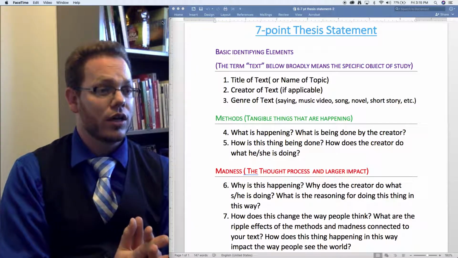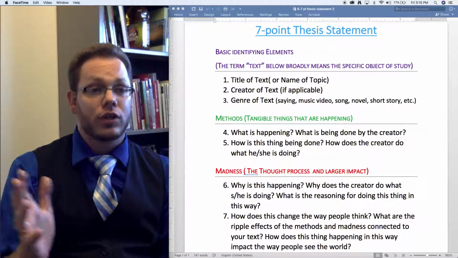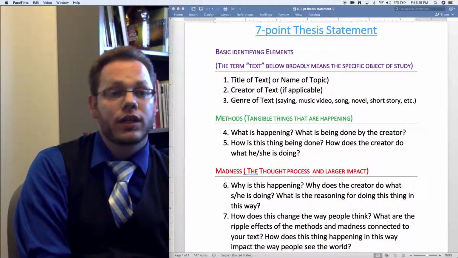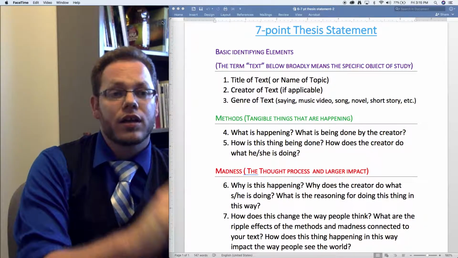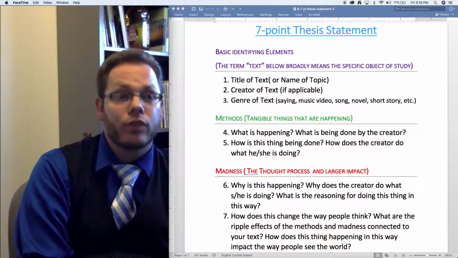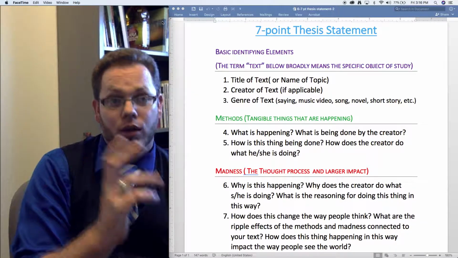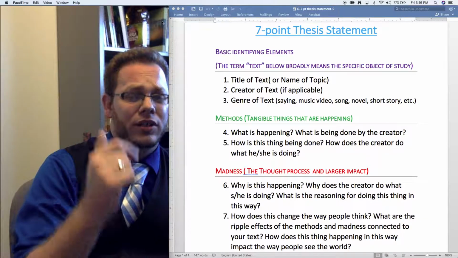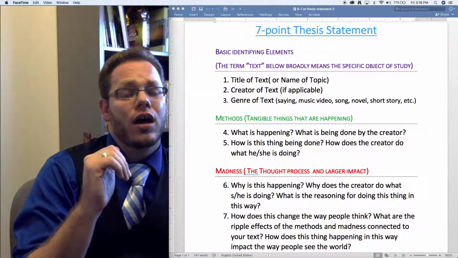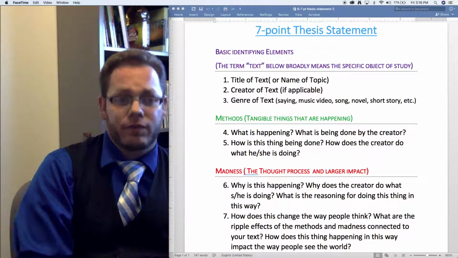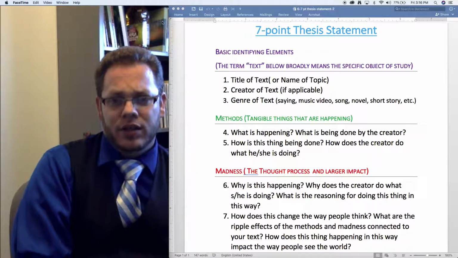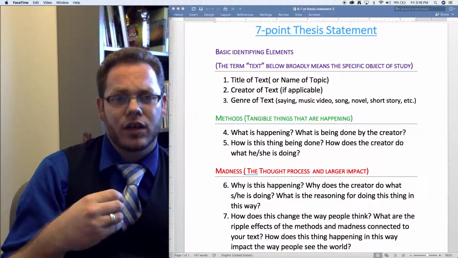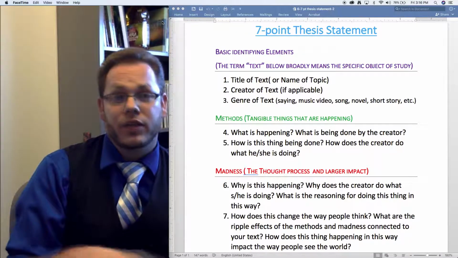I've had students study a chemistry classroom before, so they may say, in the college chemistry 151 course taught by Brian Woodrum at Chandler Gilbert Community College, writing appears through the presence of the periodic table and chemical reactions to reinforce the specific naming systems and knowledge practices of the chemistry discipline.